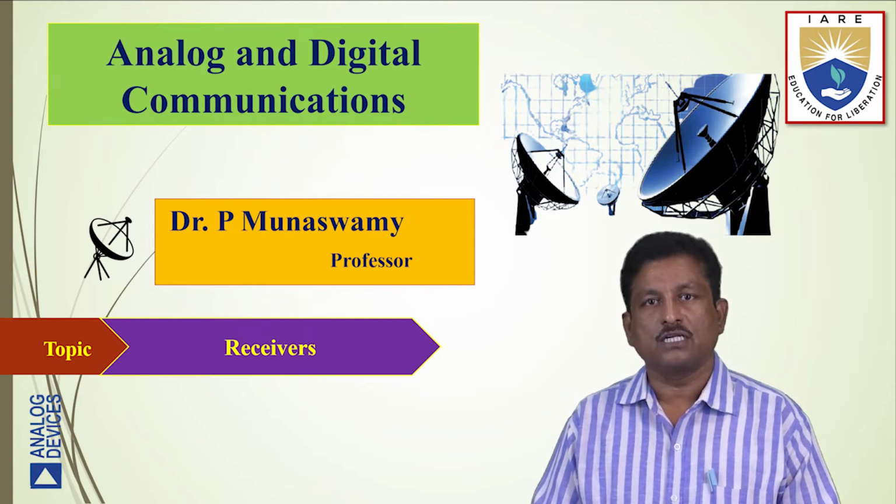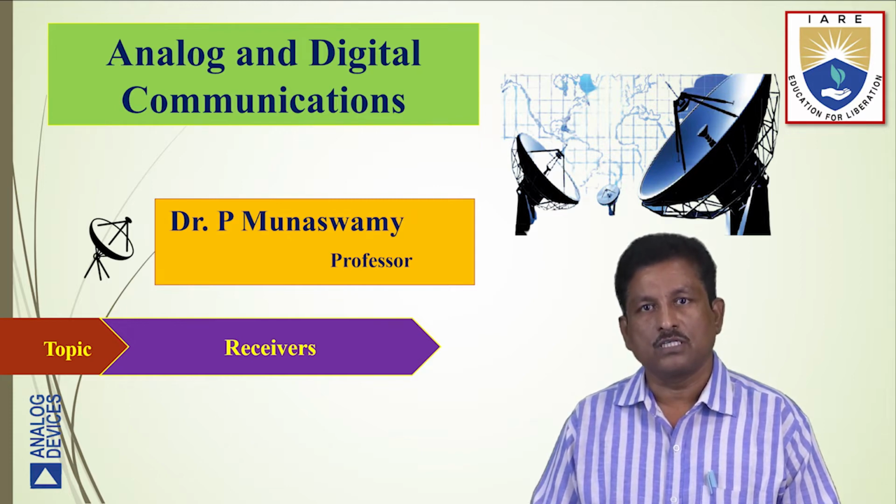In wire communication there is a physical contact between the transmitter and receiver. In wireless communication there is no physical contact between the transmitter and receiver. But there is a physical contact between the source and the transmitter. From the transmitter to receiver there should not be any wire or physical contact. That is wireless communication.